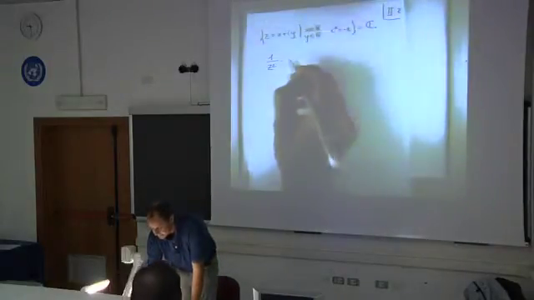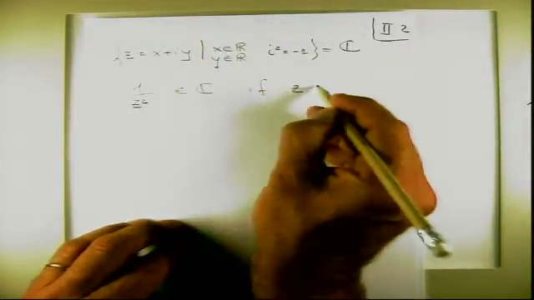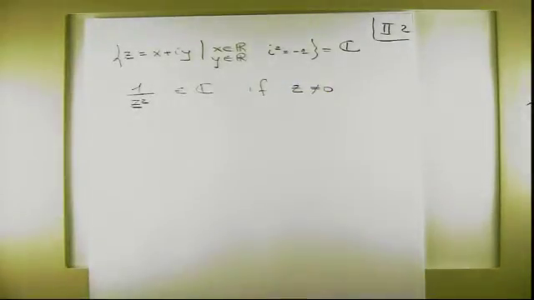So this is a number in C if Z is not 0. Of course, any power of this kind, Z to the minus n, n integer.